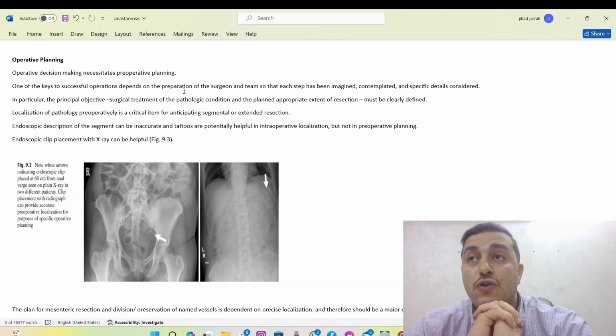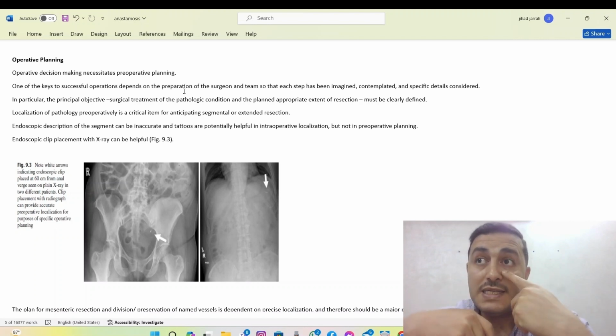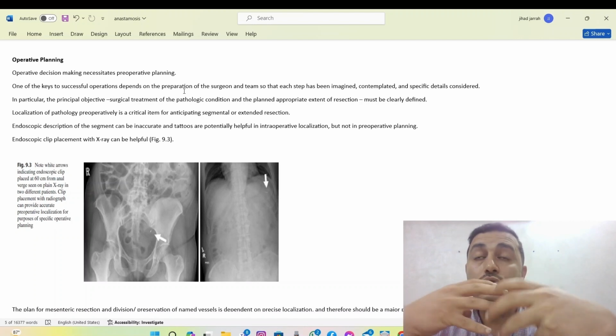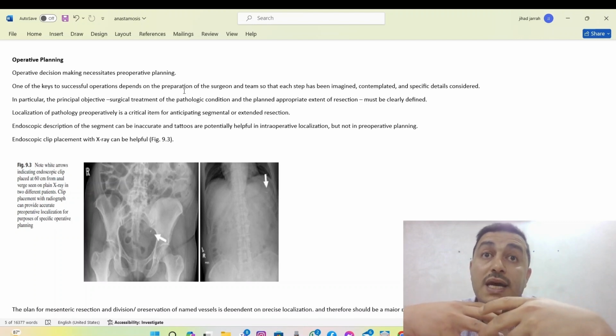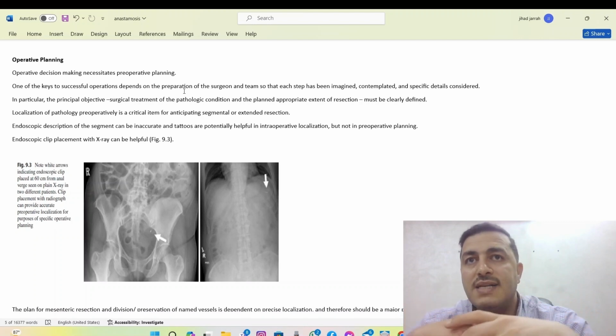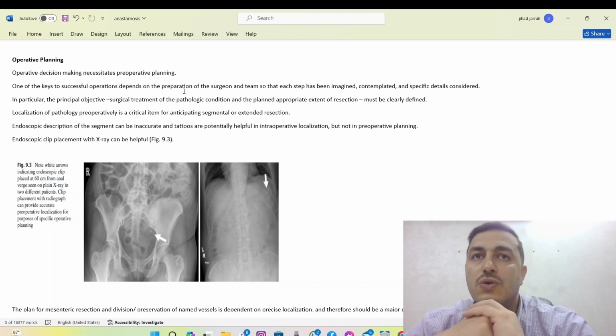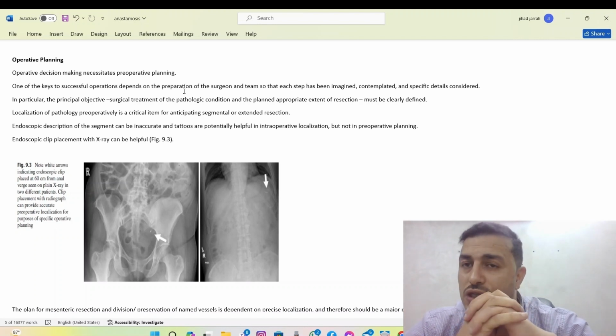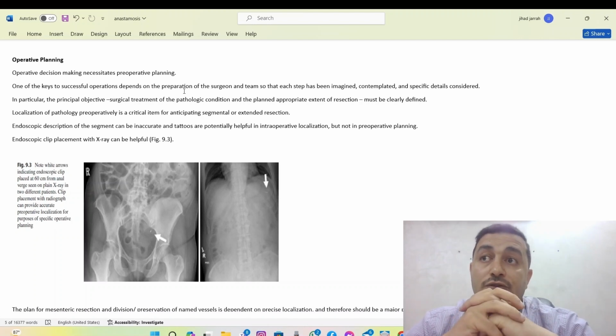And of course, when we talk about localization, this leads us to endoscopy and colonoscopy as an important method for localization. Unfortunately, this is not a 100% guaranteed method for localization of the pathology.